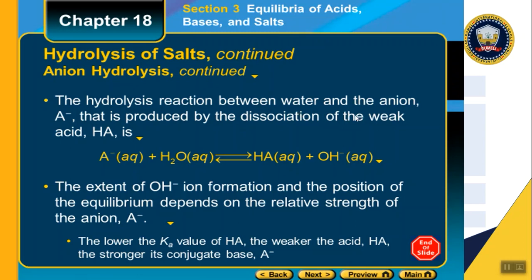This A negative will hydrolyze in water molecules to form again HA. So A negative will accept a proton from water and release the OH group in the solution, which will reflect the basicity or the alkalinity of the solution.